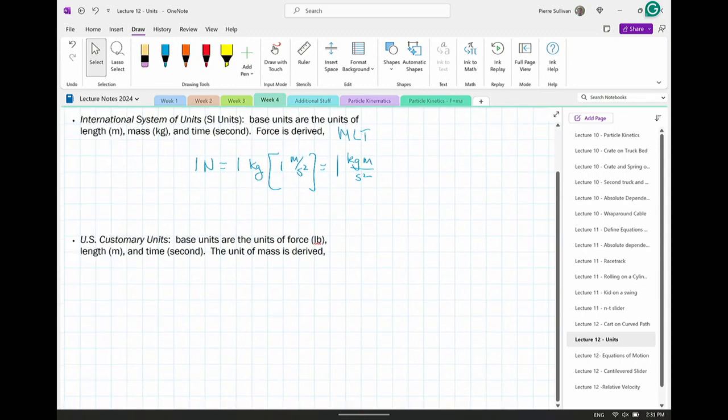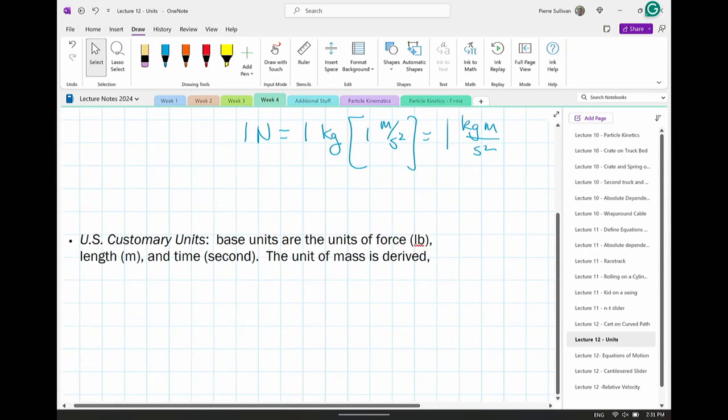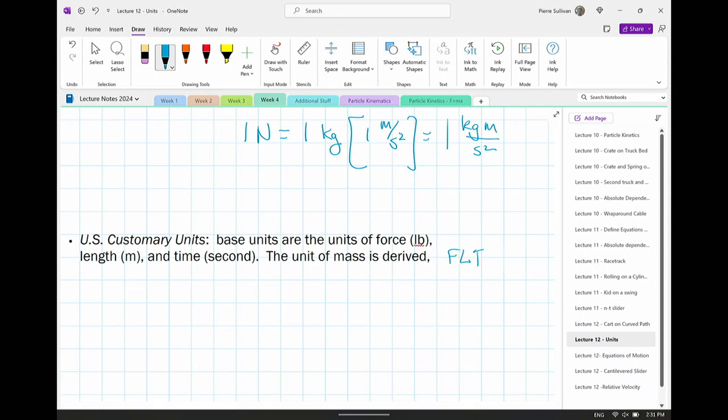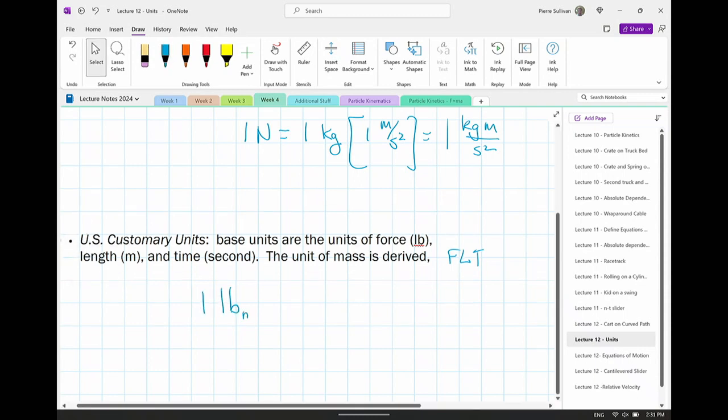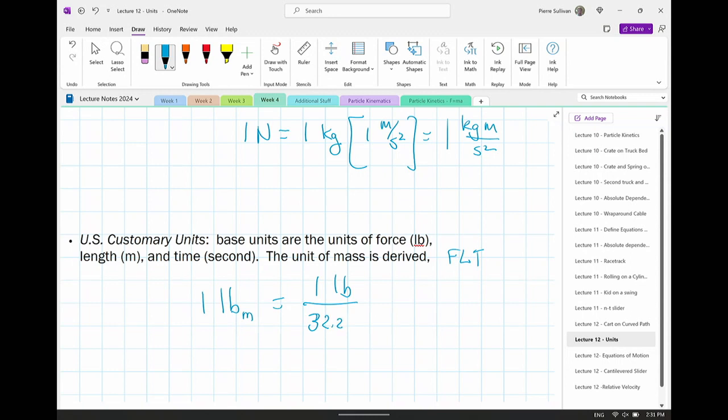On the other hand, when you deal with US customary units, English engineering units, there's a lot of standard thought about this. It is an FLT system. Force, length, and time are defined. What's problematic is that if I want something like a mass, no problem, it's 1 pound divided by 32.2 feet per second squared. I call it a force even.